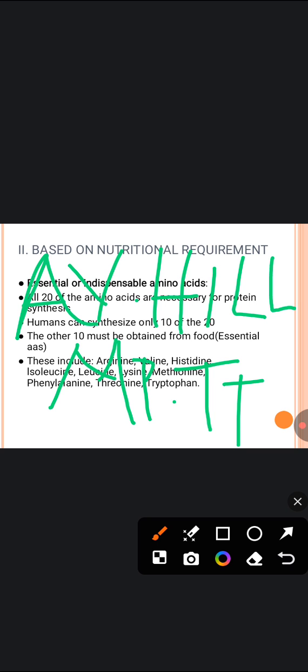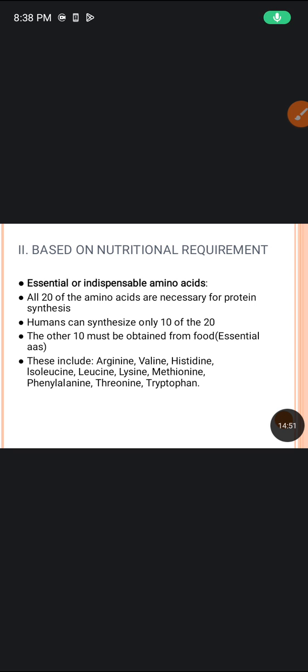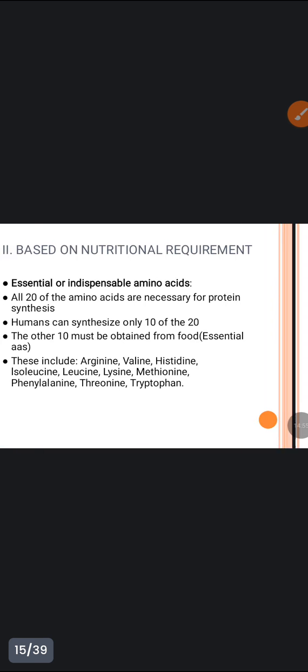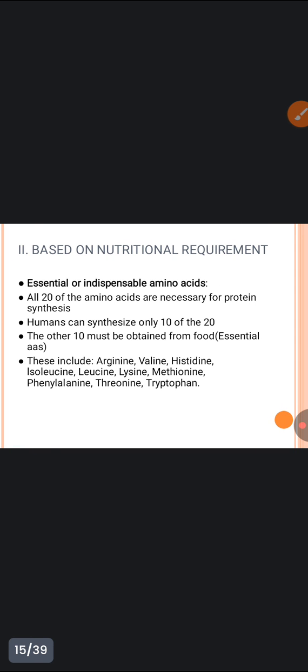We have different codes that we can use to remember these amino acids. I think we have about five, but this is the simplest one for me. If you want, I will also write the others for you. And I have a further explanation about these essential amino acids. Two of them, arginine and histidine, can be synthesized by adults, not by growing children.